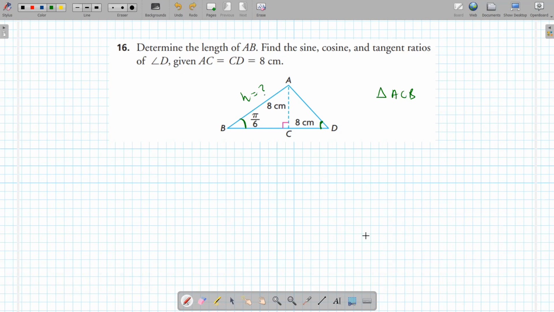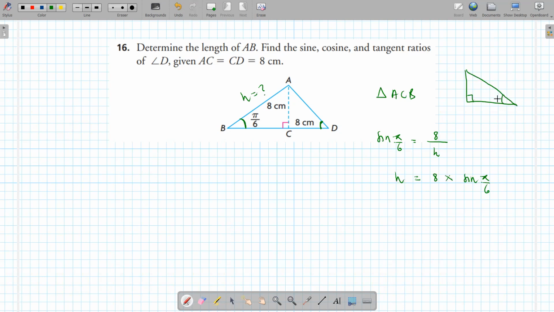How do we find the hypotenuse of that triangle? Sine, cosine, or tan? Sine will do it, yeah. So sine of pi over 6 is going to be equal to 8 over h. So h is going to be 8 times sine of pi over 6.